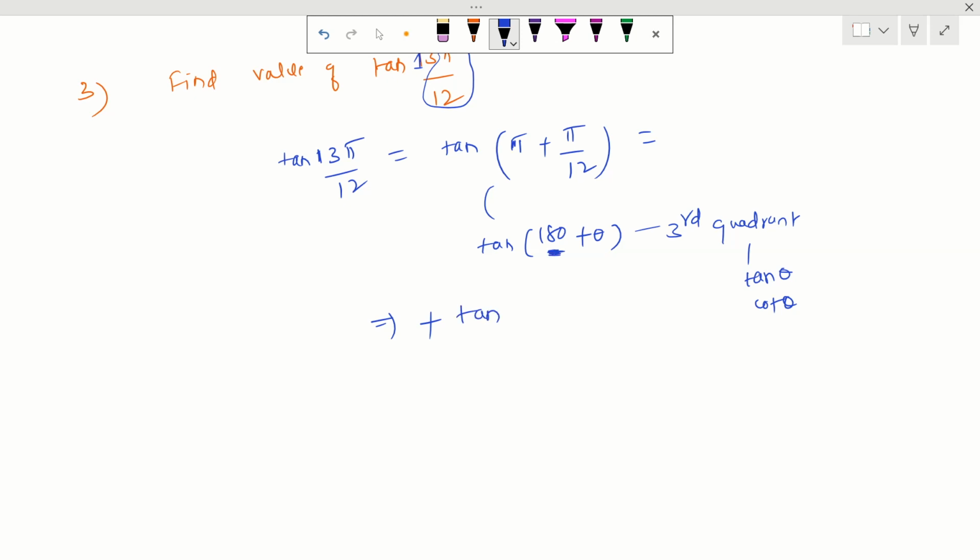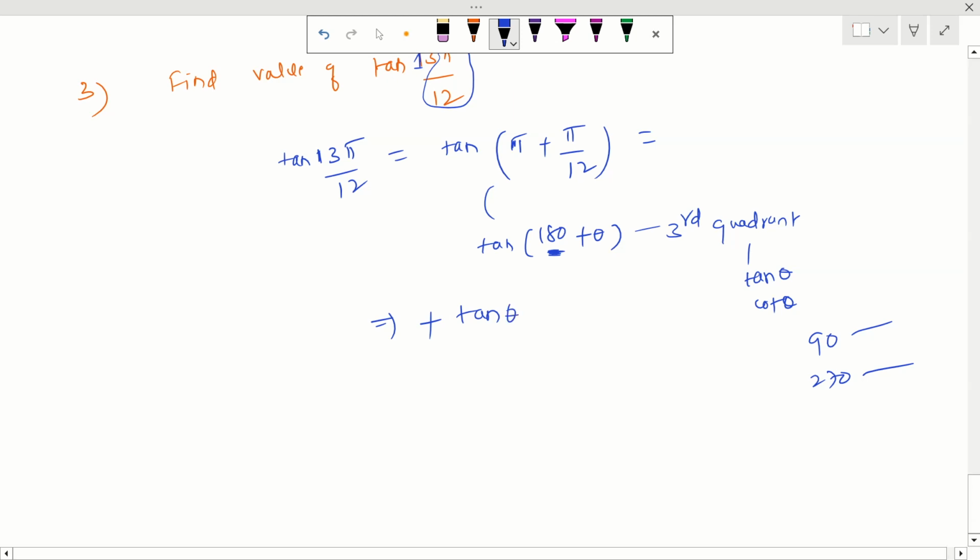At 90 and 270, sine converts into cos, cos into sine, tan into cot. But here at 180, tan is tan only, so it is tan theta, where theta is pi by 12.